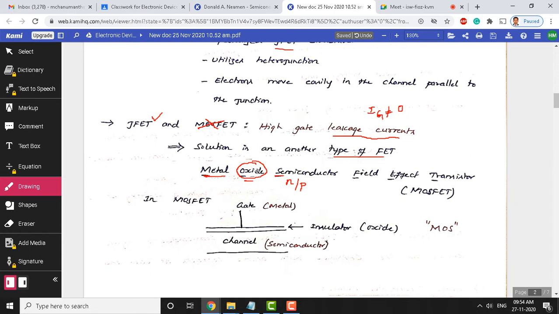After metal there is an oxide layer, after oxide there is a semiconductor layer. So, these three layers tell you the structure of a device, and the last three words tell you the working principle, how exactly this device works. It works on the field effect. Field effect means you are going to vary the voltage, that in turn controls the output current. So, that is how the transistor functions here.